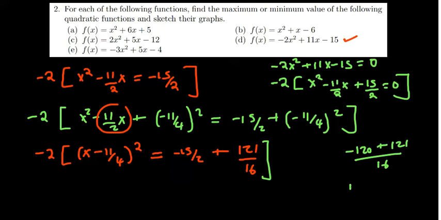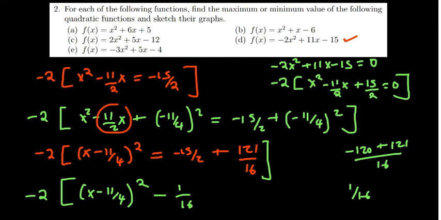A positive 1 over 16, right? It goes back to the other side, it becomes negative. So (x minus 11 over 4) squared minus 1 over 16 equal to 0.